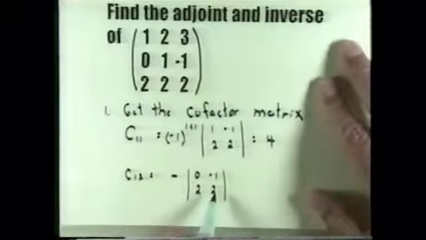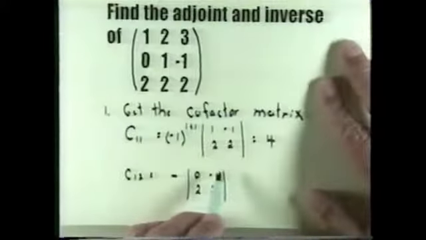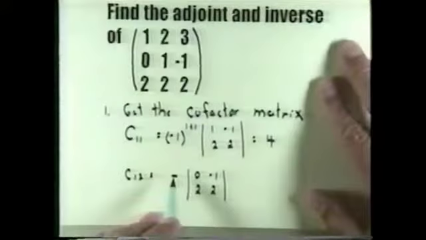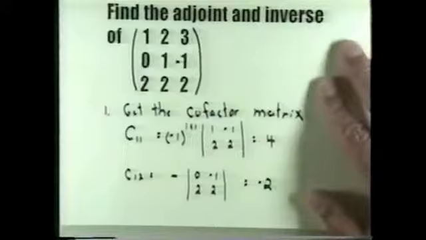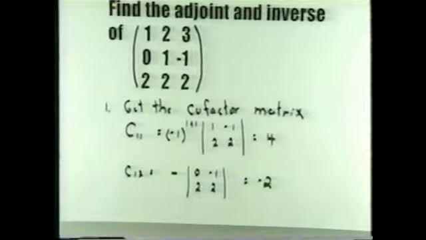Zero times 2 is 0 minus a negative 2, so that's going to be a 2, but taking the inverse of 2, I'll get negative 2. So C12 is negative 2.